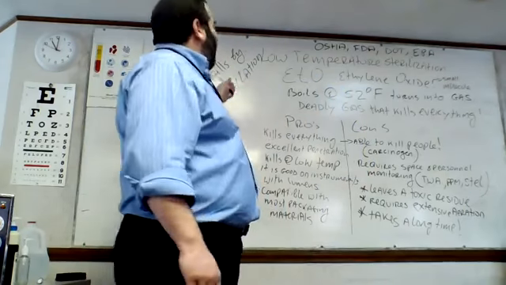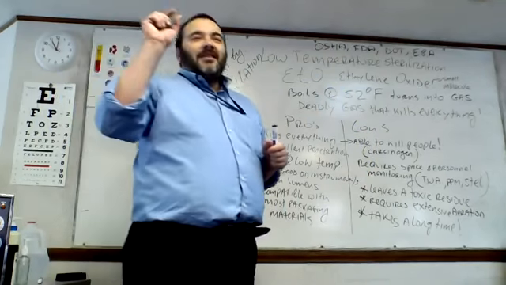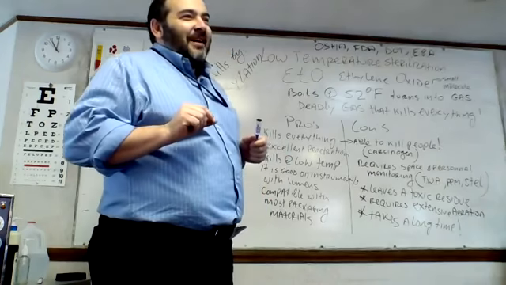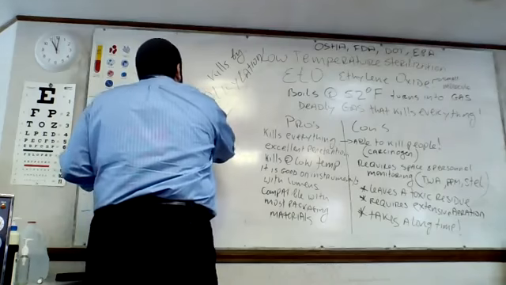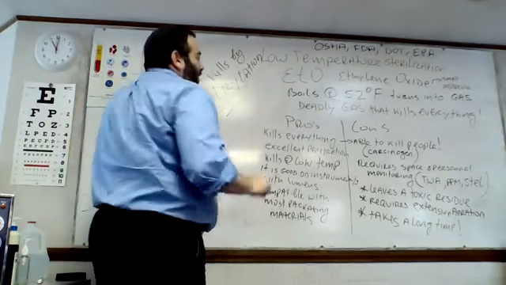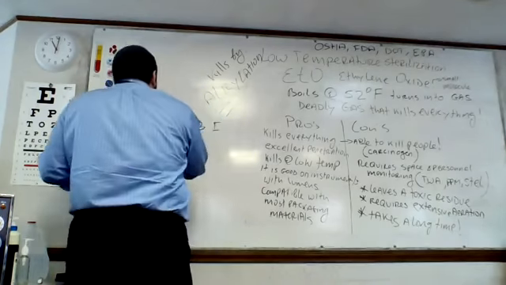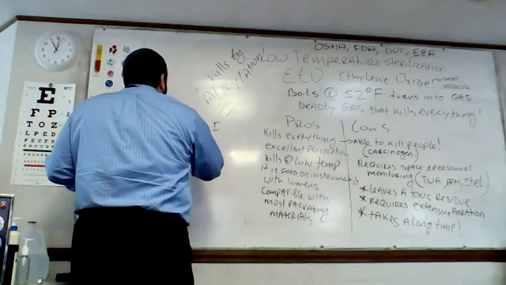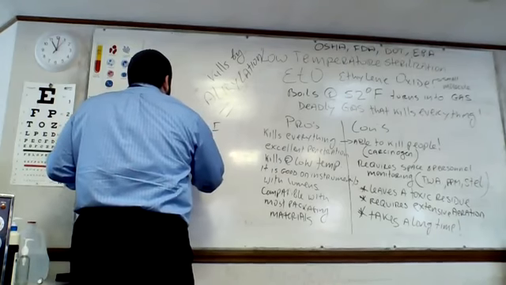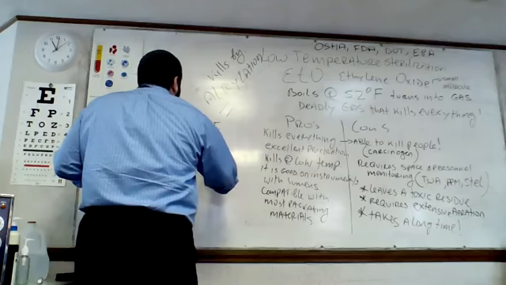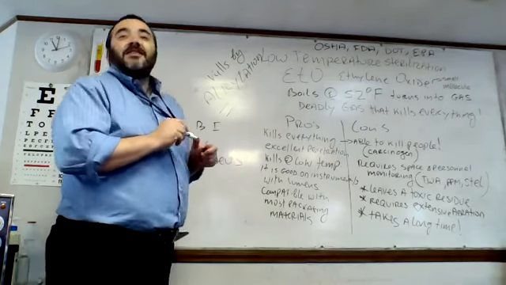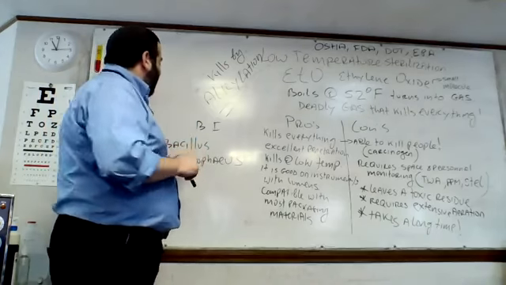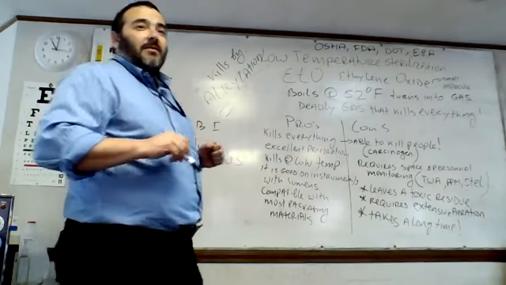But for ethylene oxide, we use a little different biological indicator. The biological indicator for ethylene oxide is something called Bacillus atrophaeus. That's easy. Say the G word. Geobacillus stearothermophilus. But this is Bacillus atrophaeus.